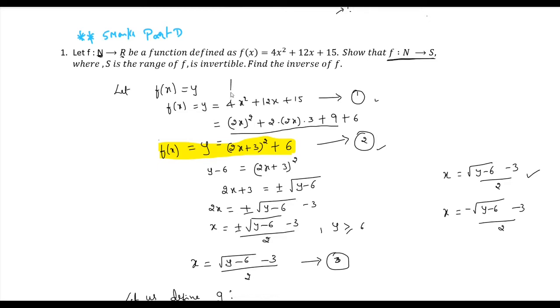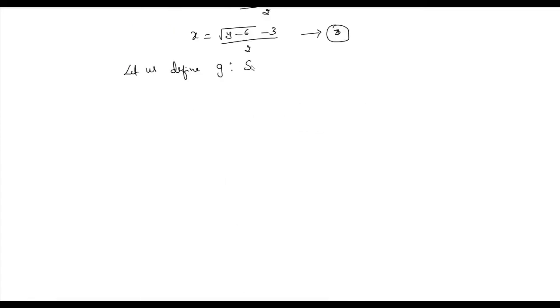So f is from N to S, and we are defining g from S to N. How are we defining this? It is g of y is equal to root of y minus 6 minus 3 whole divided by 2. I am calling this equation 4.